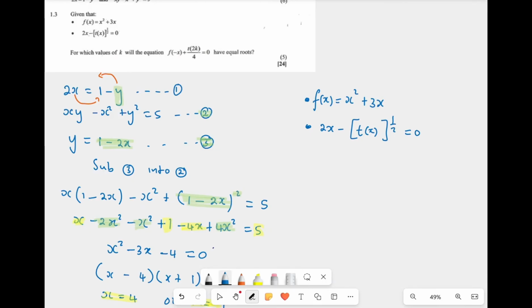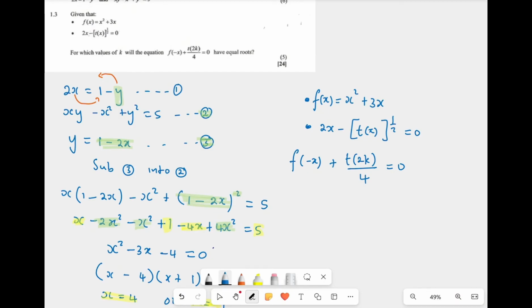And now the question is, for which values of k will f of minus x plus 2 of t of 2k over 4 is equal to 0 have equal roots.